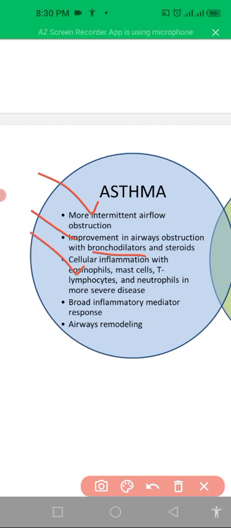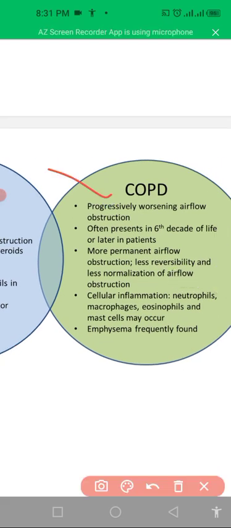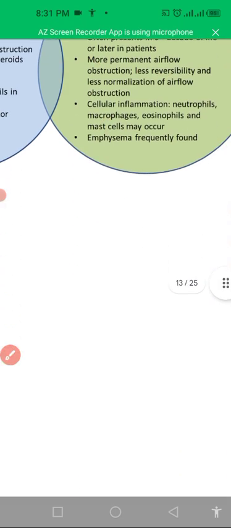It is mostly the body's own immune-mediated response, and there are inflammatory mediators and airway remodeling. While in COPD, there is worsening airflow obstruction with less reversibility, and inflammation with neutrophils, macrophages, and mast cells is frequently found in COPD.